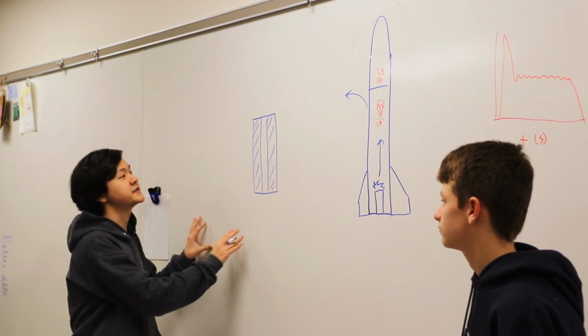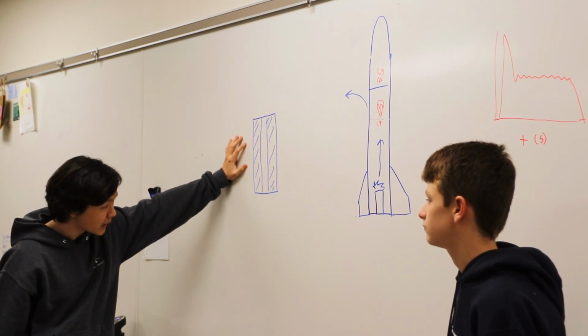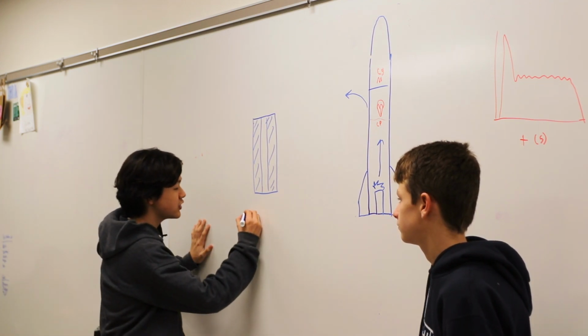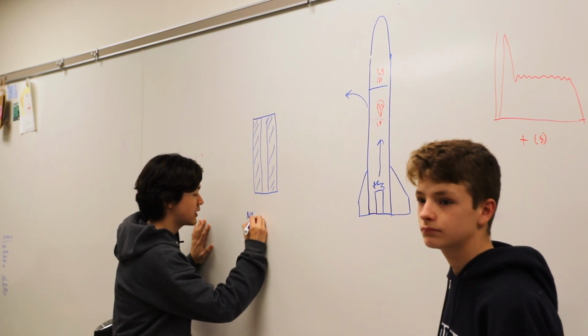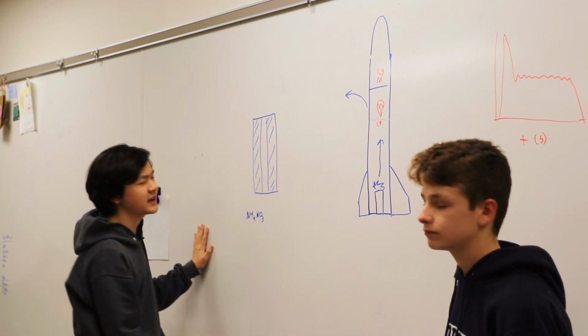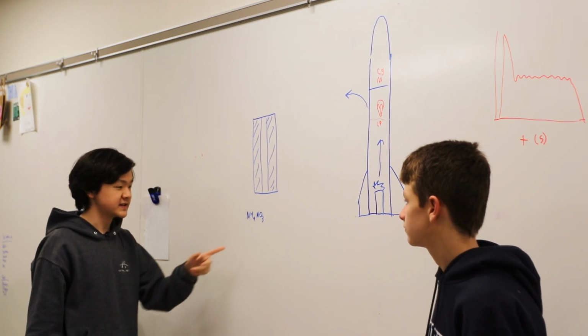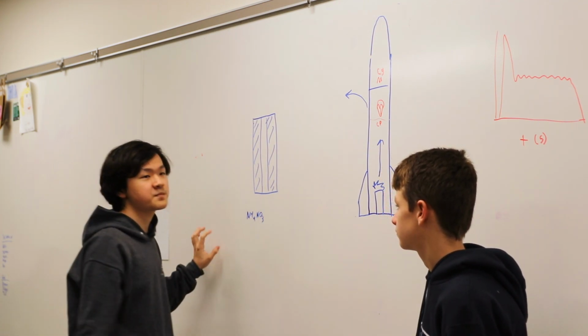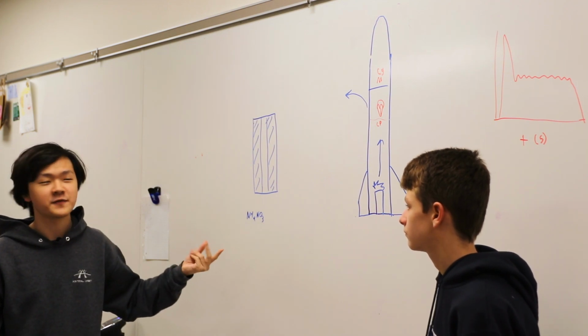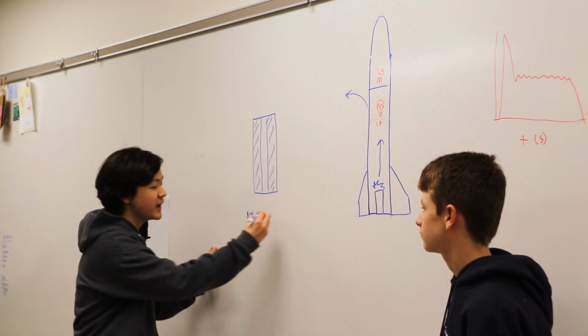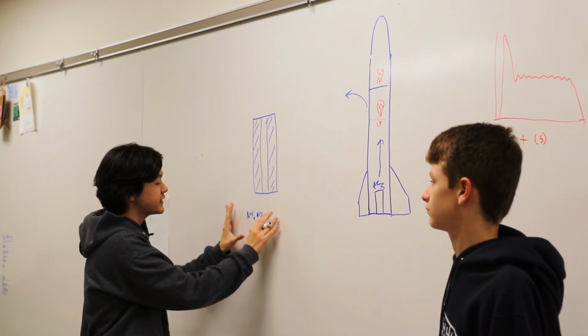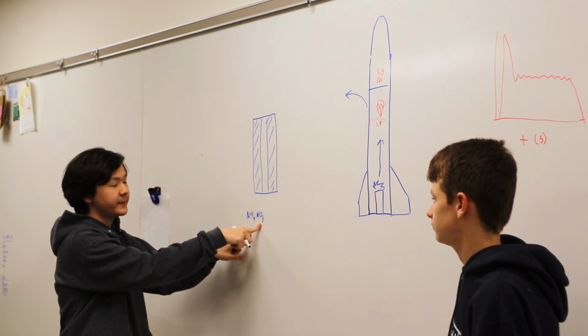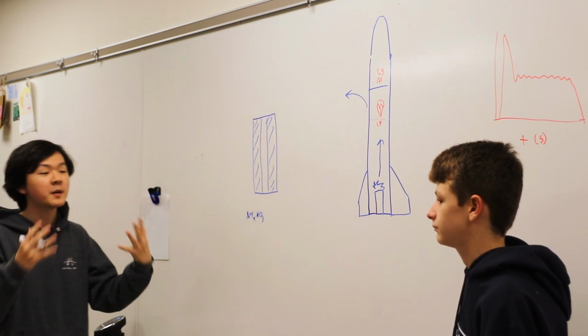Basically it is a mixture of ammonium nitrate, which, as you can see, has a lot of oxygen in it, with propellant, which I don't know in this case. This propellant reacts with the oxidizer and creates a combustion reaction.